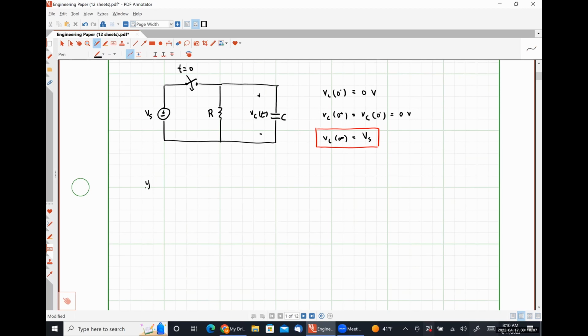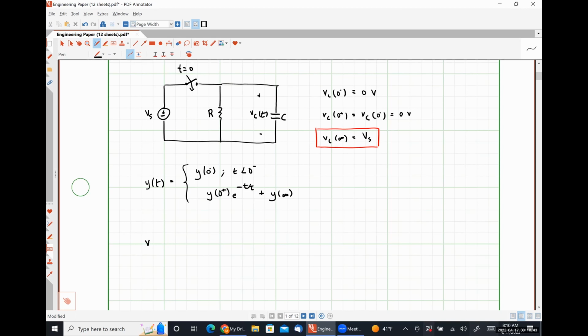We would see that our total response, y of t, would be y of 0 minus for t less than 0 minus, y of 0 plus e to the negative t over tau plus y at infinity. So what I want us to do is just plug in our capacitor values here real quick and see if we can identify what the problem is.